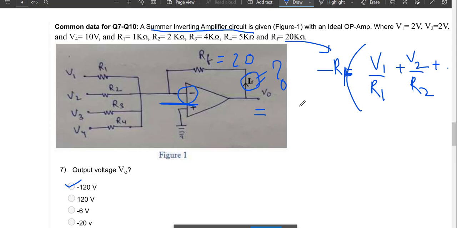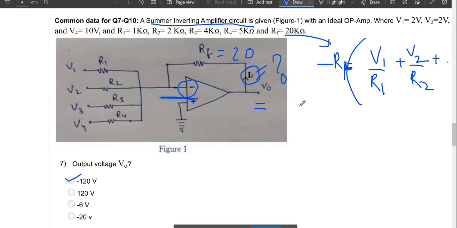It is minus V output by RF. Okay. Don't tell the answer right now. We'll discuss it in 3 minutes.